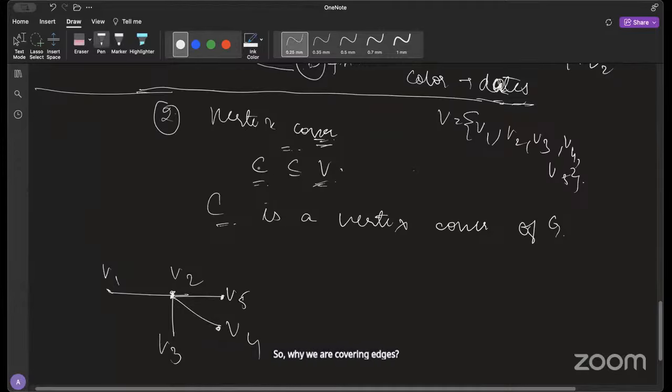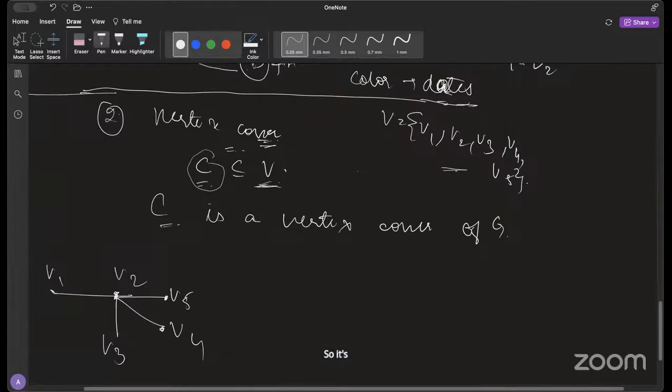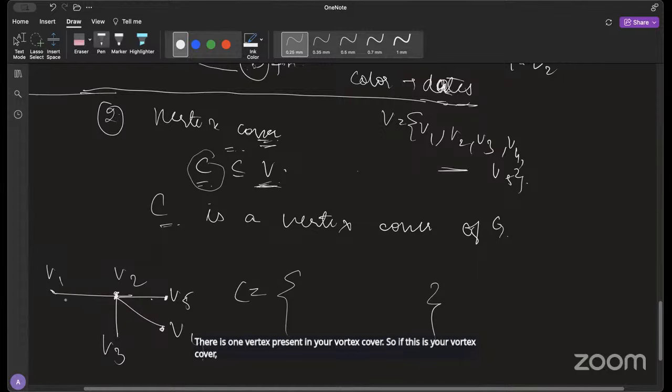The first thing you have to remember is that your vertex cover is a subset of the set of vertices. You have to collect vertices in such a way that from each edge there is one vertex present in your vertex cover. So in this one, from this edge, you need one.